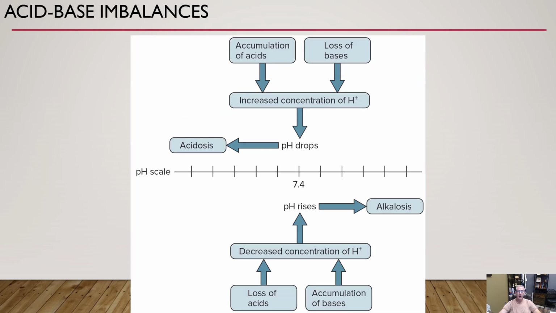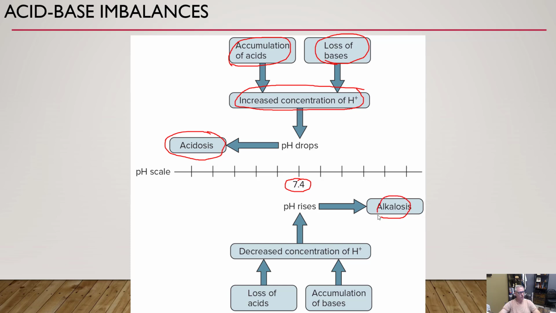All right, and this is a more in-depth graph of what we've just said: 7.35 to 7.45, and our average would be 7.4. With acidosis, that's either because we have too much acid or we've lost base, but in either case, it's because we have too much hydrogen ion.